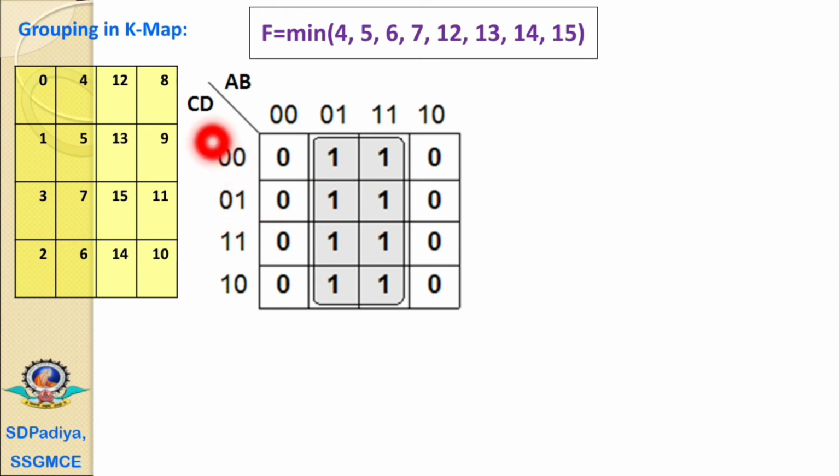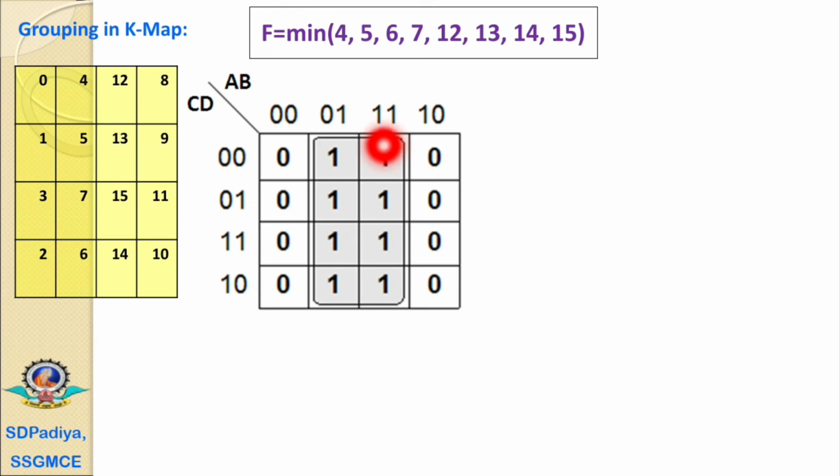Therefore the row entry, that is CD, will be eliminated, and this octet belongs to 2 columns. The first column is 0 1 and the second is 1 1. Therefore in this, A and the complement of A are available, and for B there is 1 1. Therefore again A will be eliminated, and finally the answer is B.